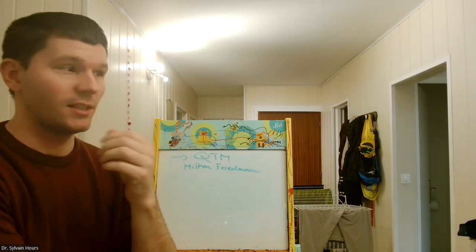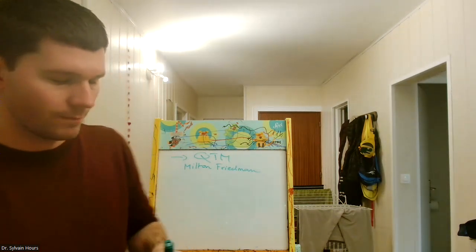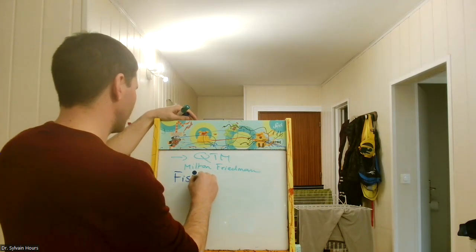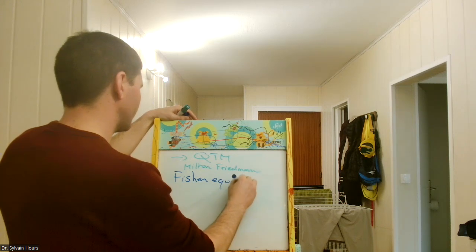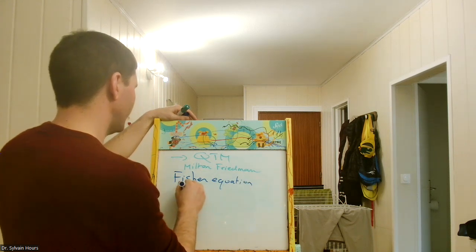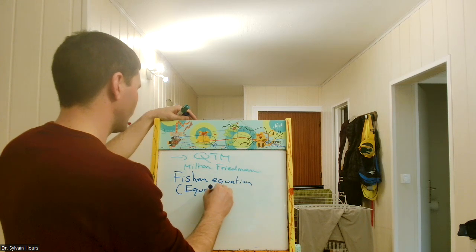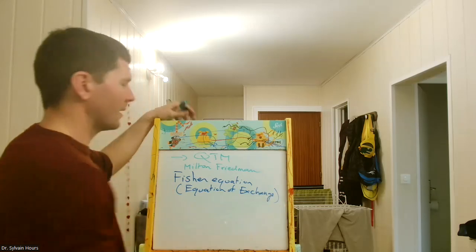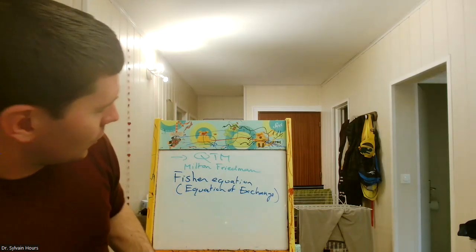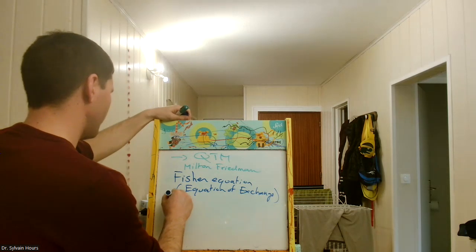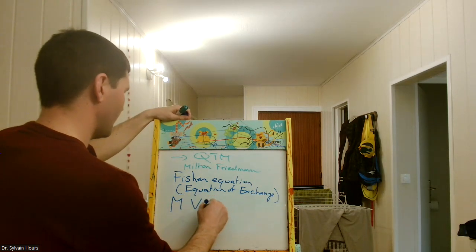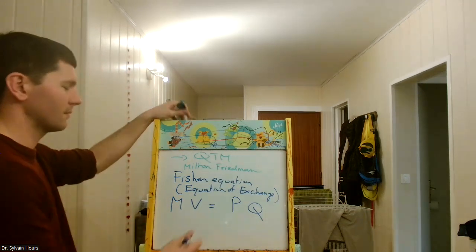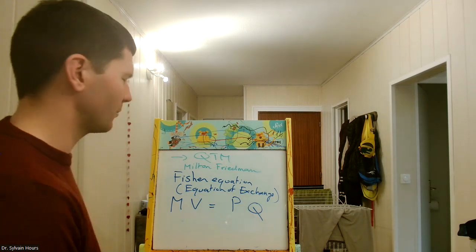Of course, we simplify it here, but their explanation is based on what we call the Fisher equation, which we also call the equation of exchange. And you know it, it's M times V is equal to P times Q, or Y, doesn't matter. I think Q makes more sense, but it doesn't matter.